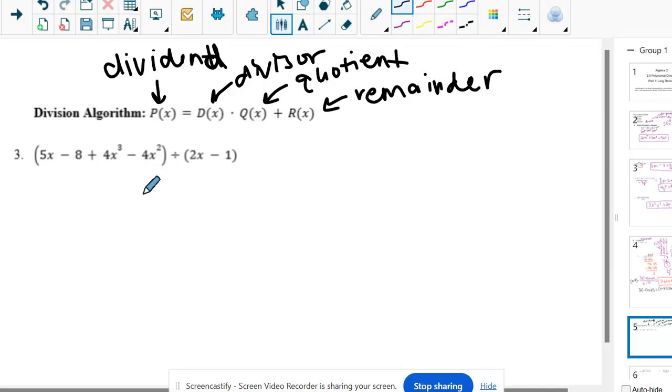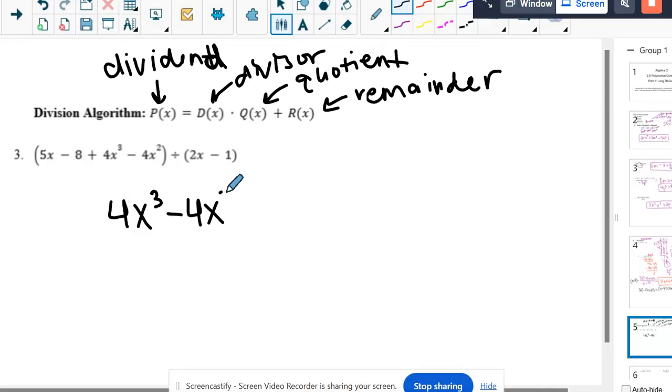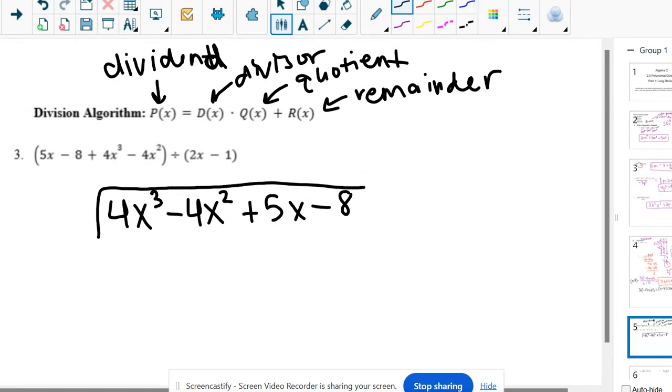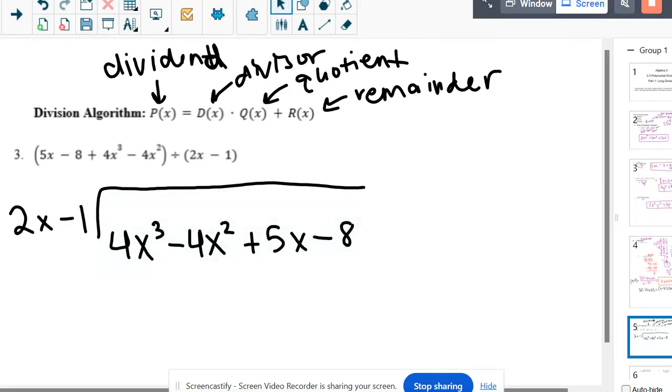Okay? So here we're going to set it up as a division problem like the other one, but we have to write it in standard form. So we're going to put the 4x to the third first, minus 4x squared plus 5x minus 8. And then you put the divisor right there.